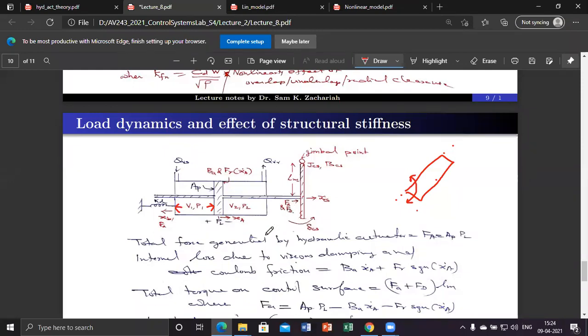Hope you understood. Sir, the XA is the internal movement, right, sir? The rod which is connected inside the cylinder, XA denotes the movement of the rod, right, sir? The internal rod. See, the rod and this piston head all are rigidly connected. So when I say internal movement, it means relative movement of the piston head with respect to the body or rod, both are the same. Relative movement of the piston head with respect to the actuator cylinder.